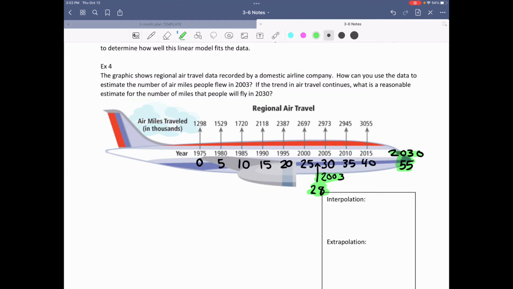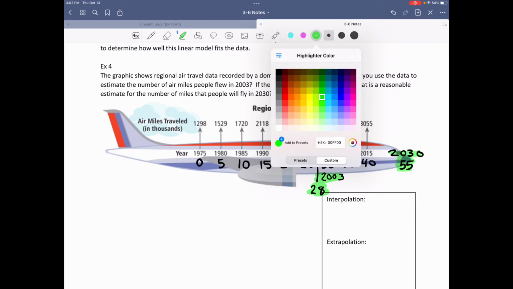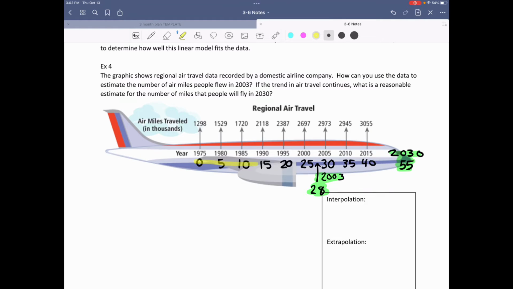And you're not going to put these numbers into your calculator yet. The only numbers I want you to put into your calculator are 0 through 40, these numbers here. And I want you to put that into our x values for the years.